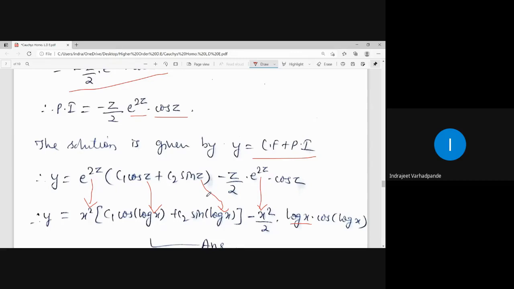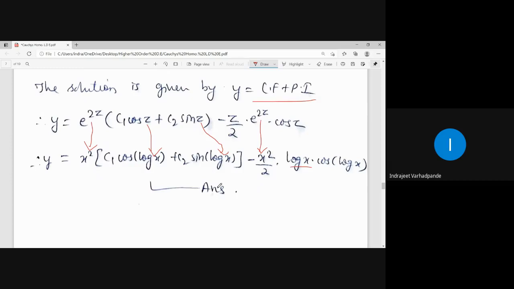So that is how it is to be simplified. y is equal to x square into (c1 cos of log x plus c2 sin of log x) minus x square by 2 into log x into cos of log x. Clear? Yes, can we move on to the next?